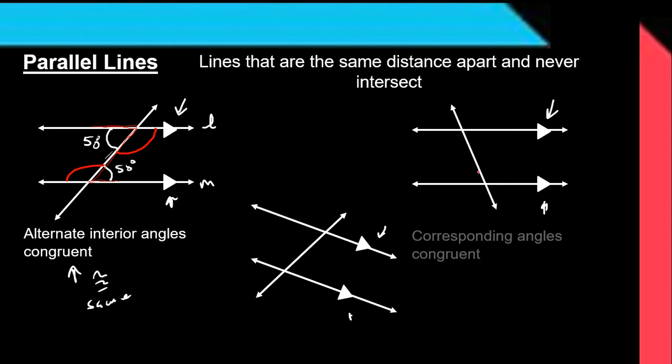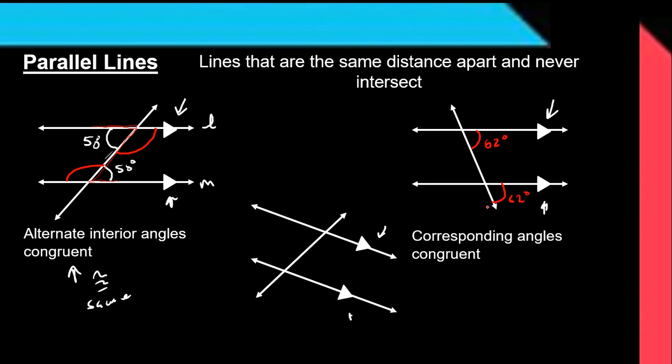The next one we're going to look at is corresponding angles. They are also congruent. If I'm talking about corresponding angles, I have an interior angle, and on the same side of the transversal, I have the exterior. They are corresponding angles. So if this angle was 62 degrees, I know this is 62 degrees.